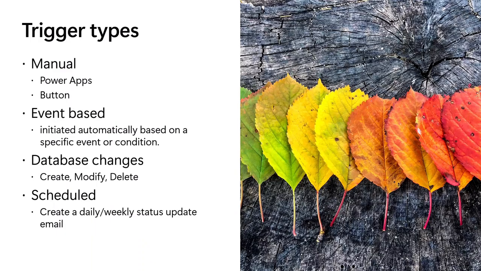There are event-based triggers, such as the completion of a Microsoft form, and a very popular trigger type is one around a database change. A record may be created, modified, or even deleted. Finally, there are scheduled flows, and these are flows that run at regular intervals. Quite often this is daily, they can be weekly or even hourly.